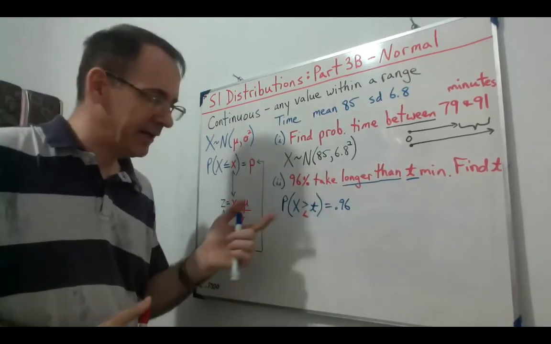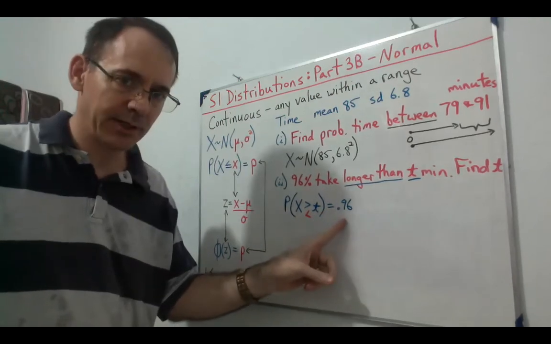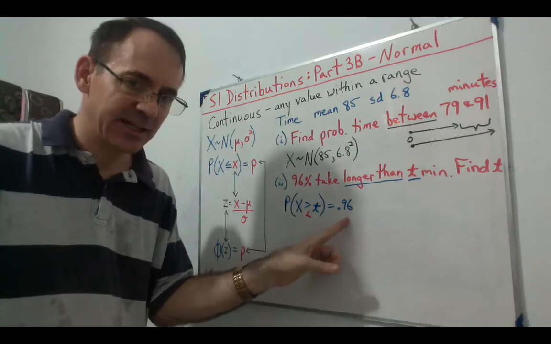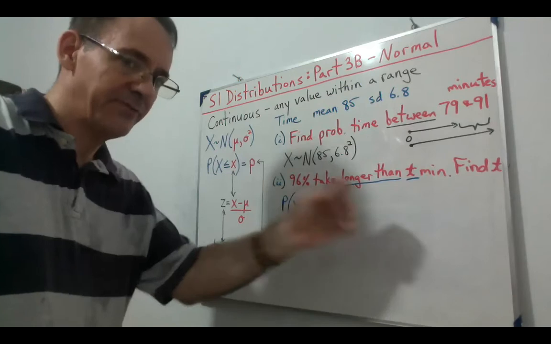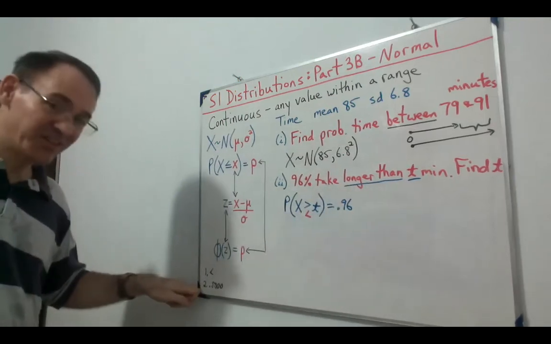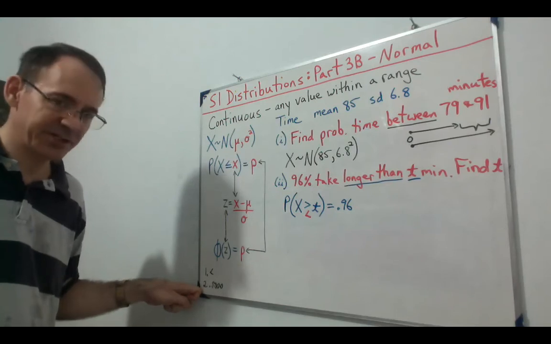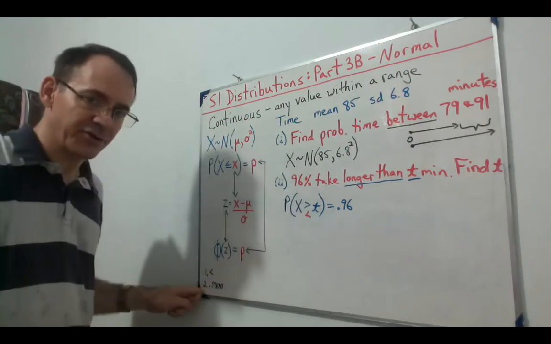One way that we can adjust for that is to do 1 minus the probability. But if we do 1 minus 0.96, the value that we get is going to be less than 0.5000, and that's another restriction of our phi z chart. So we can't go below 0.5000.